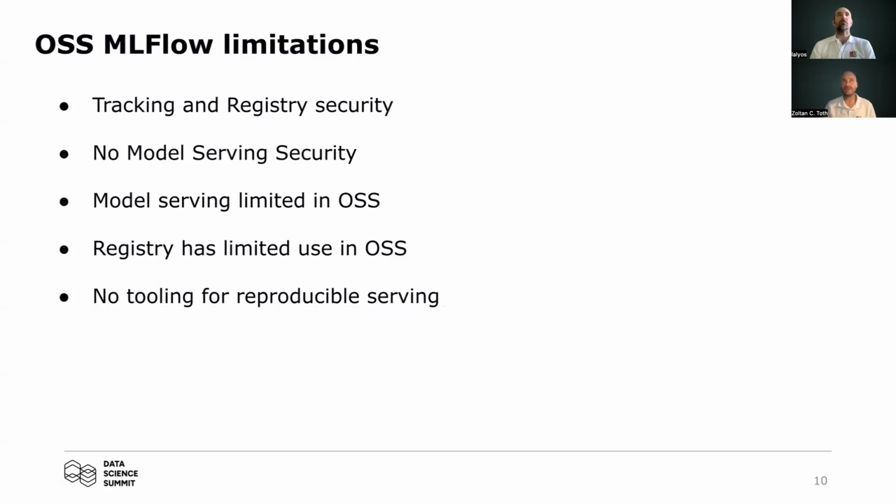Then you will see that the open source project runs into a few limitations, like tracking and registry security. It's basically non-existent, or you can have some basic authentication, and that's all. Model serving security, non-existent. Model serving, as I told you, is very, very limited. It gives you just a standard endpoint with some model support, but you cannot really customize it too much. Also, the registry is set up in a way that it works well in a managed proprietary environment, but I wouldn't say it's useless, but it is of very limited use in the open source setting.